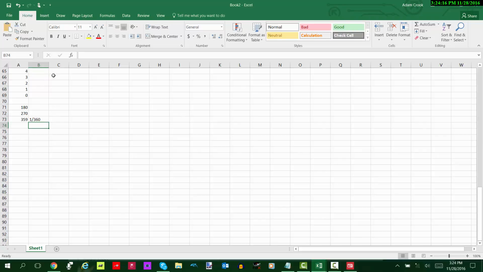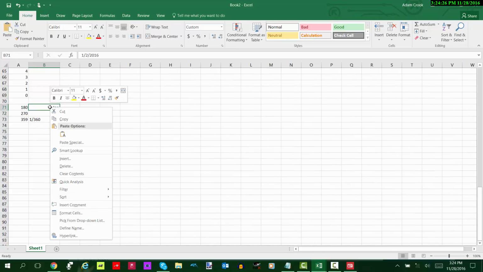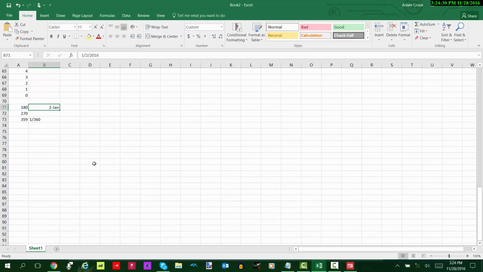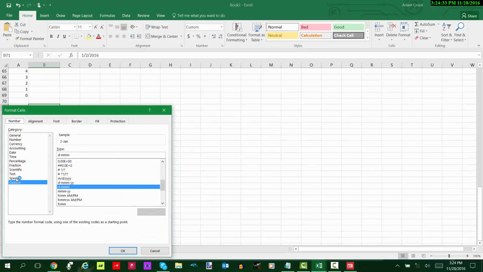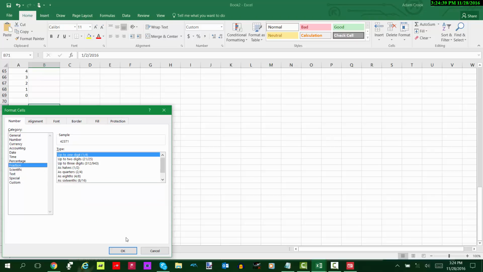For 180, it's practically 1/2. That's 3/4. It did dates instead of numbers. Format cells. We want fraction. Let's just do fraction. Yeah, there we go.